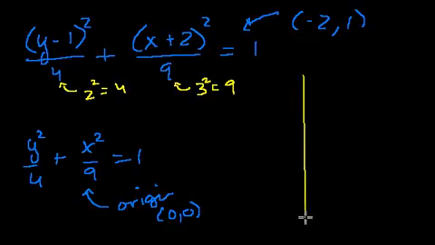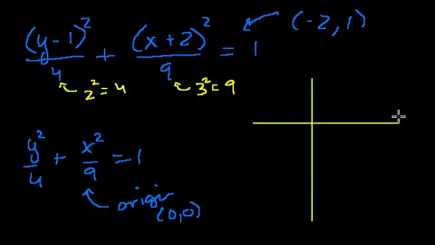That's my vertical axis. This is my x-axis. And so my center is now at minus 2, 1. So 1, 2, that's minus 2, and I go up 1. That's the center of my ellipse.